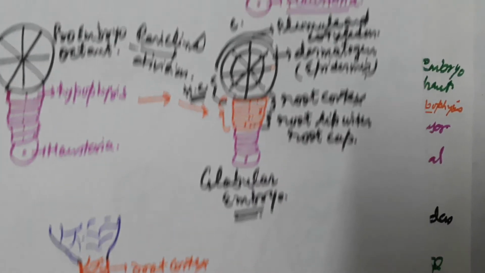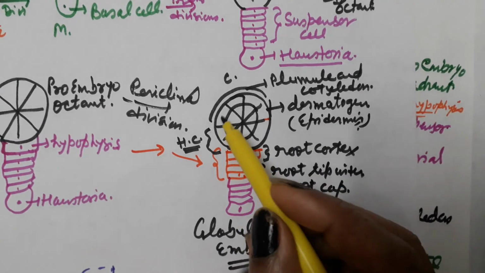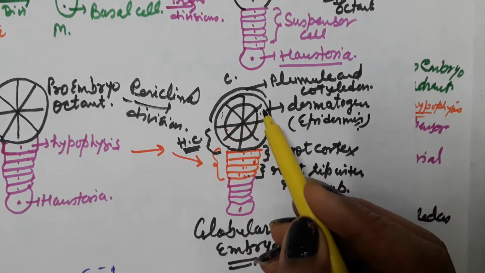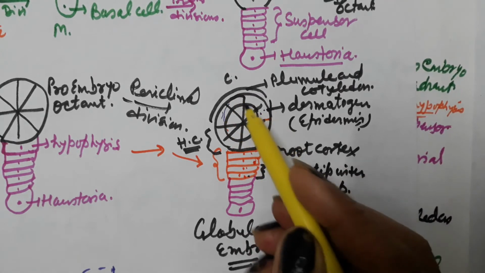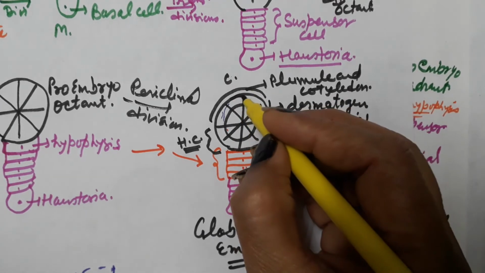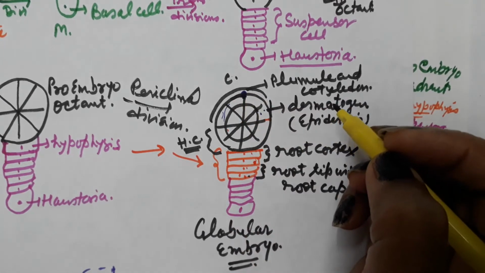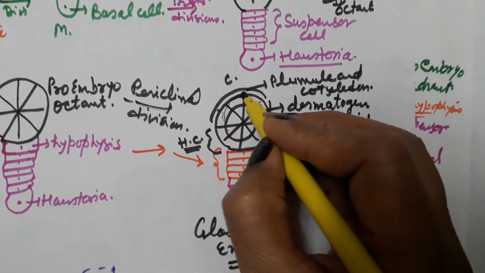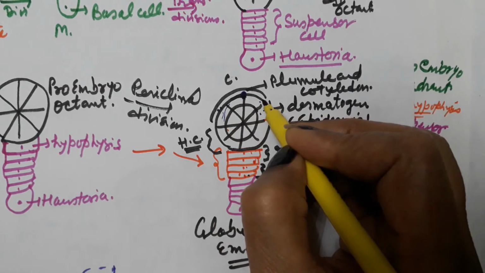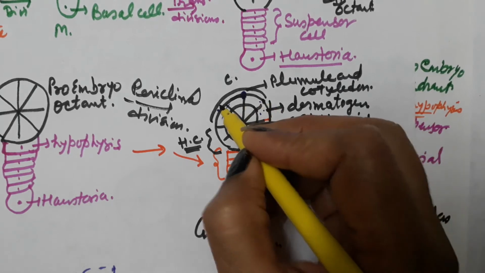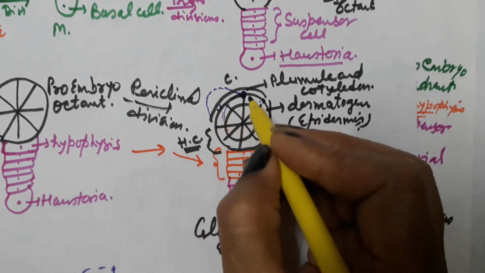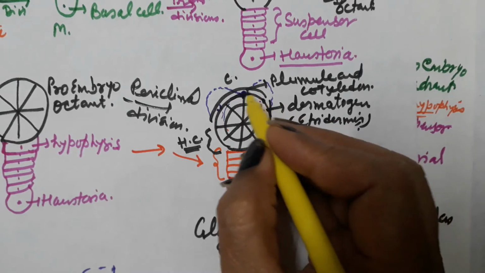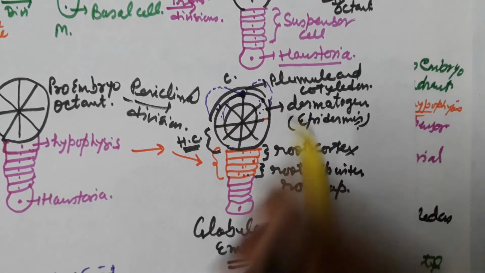Now the upper area of the proembryo, which is present towards the chalazal end, gives rise to the plumule and cotyledons. In the center, at this point, the plumule is produced, and on either side of the plumule these cells produce the cotyledons, one on each side. The growth is like this. So the globular shape of the embryo is converted into a heart-shaped structure like this.